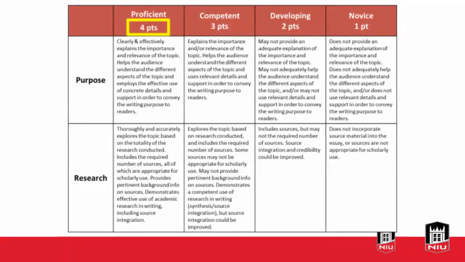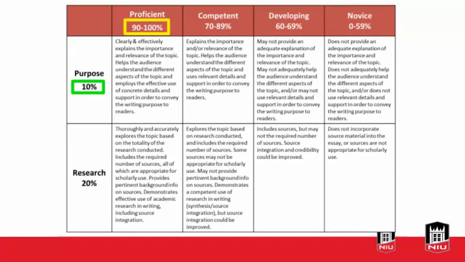But that's another option where you could use that. Or you can use percentages too. So instead of assigning point values, you can use Blackboard rubrics to automatically calculate for you using weighted grades, and then you can use percentages for proficient, competent, developing, novice.